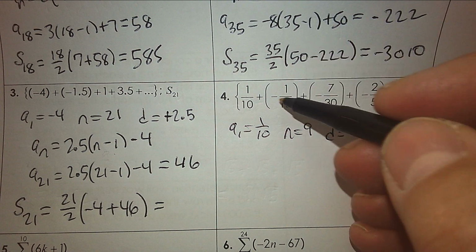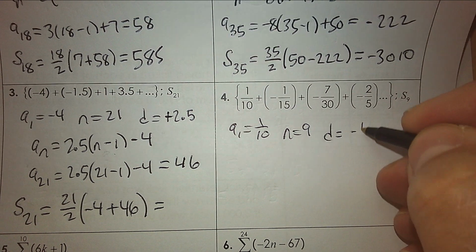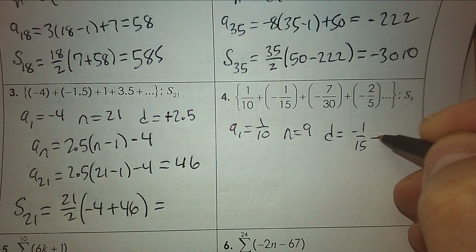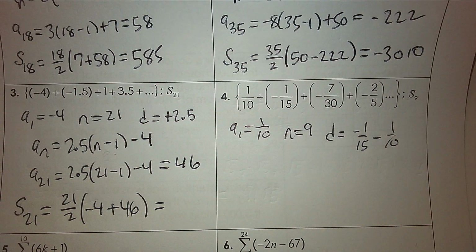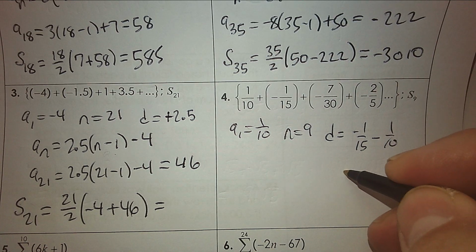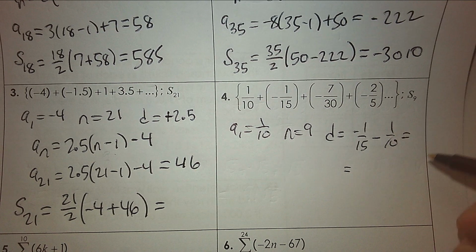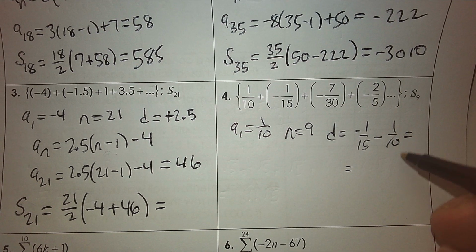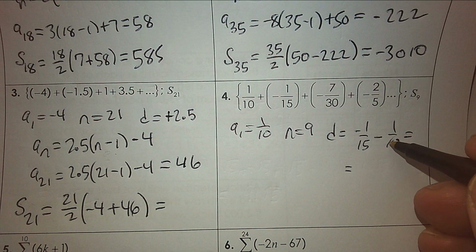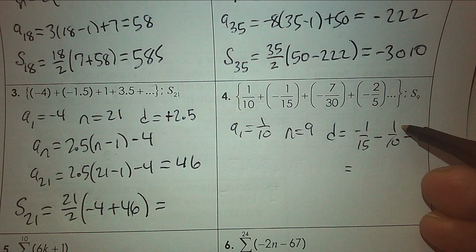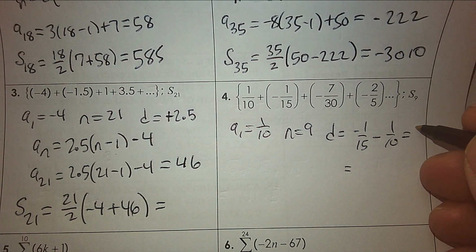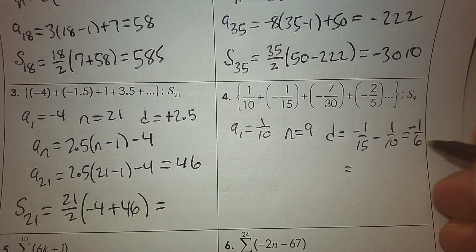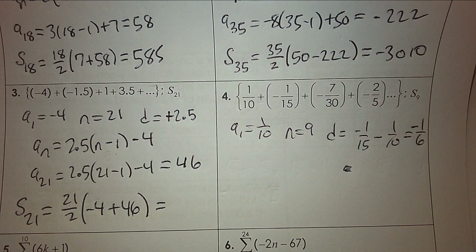So -1 over 15, subtract 1 over 10. With common denominators, it'd be like 30, wouldn't it? So it'd be -2, subtract 3, so -5 over 30, which is -1 over 6. Again, you're allowed to use your calculator.